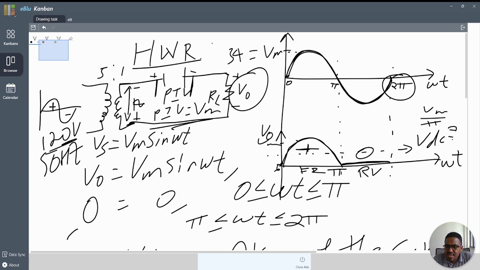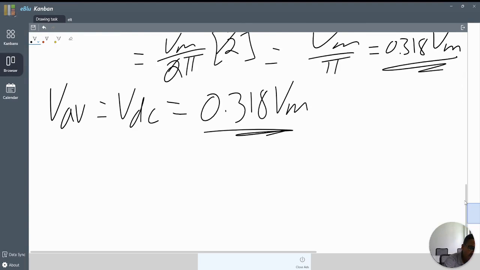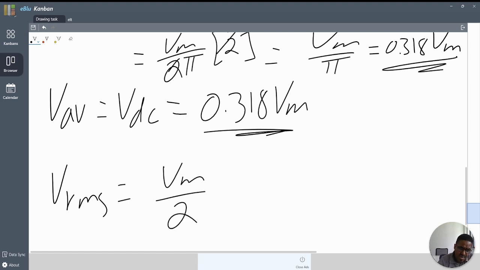And also we can get VRMS in the output. You know that VRMS means root mean square, so the area of the curve over the base under the root.